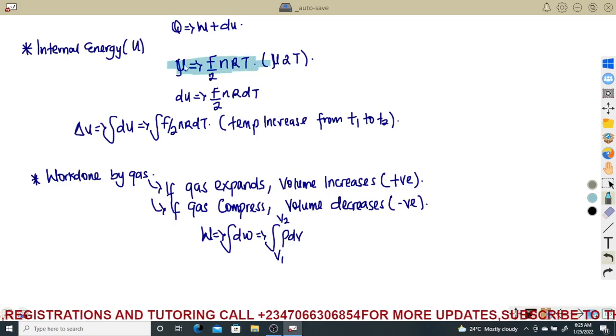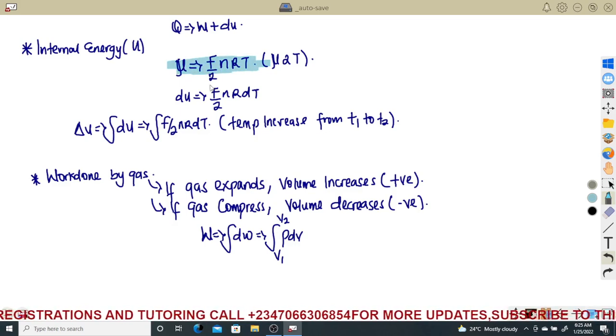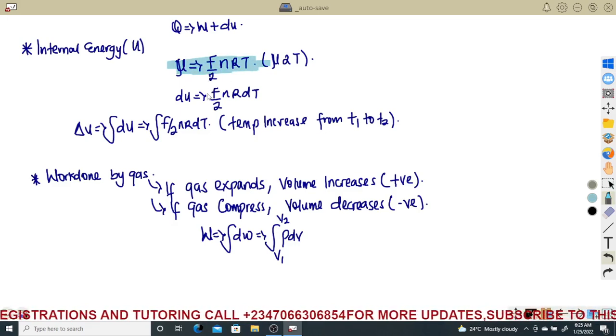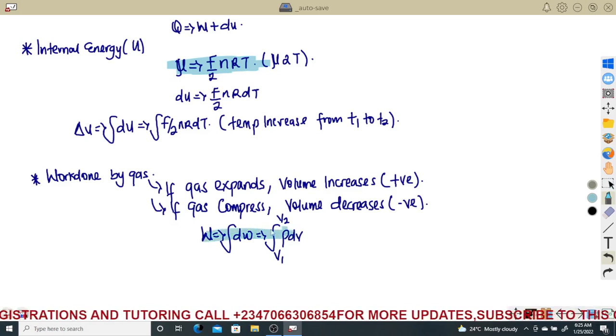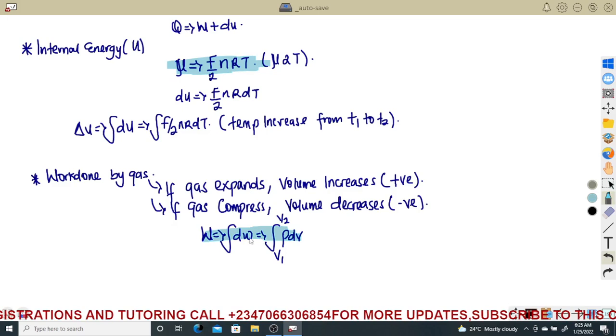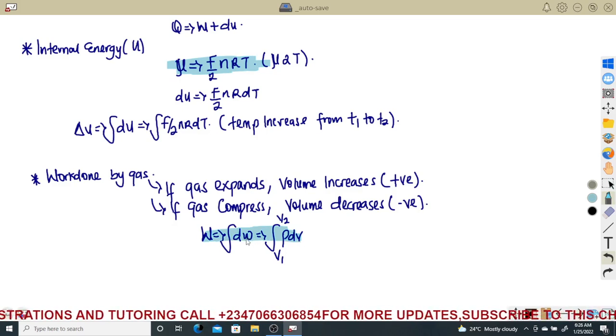That is F, the degree of freedom. And when we talk about degree of freedom, we have monoatomic gas and diatomic gas, which we have studied before. For work done, this is what you need to keep in mind: integration of P dV, taking the limits from V1 to V2.